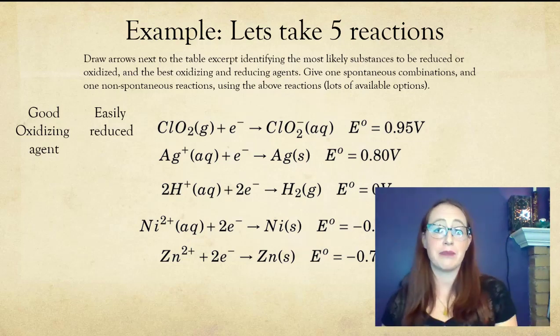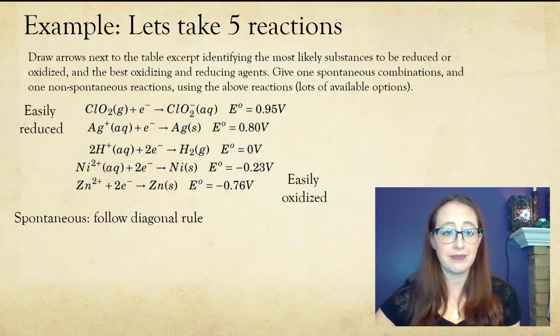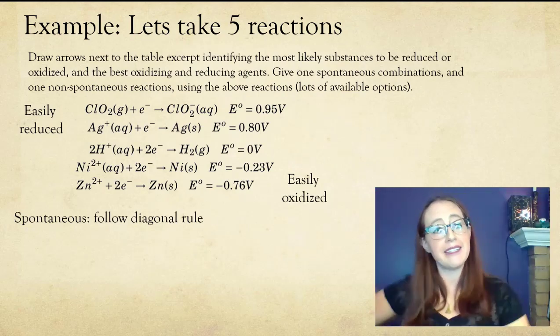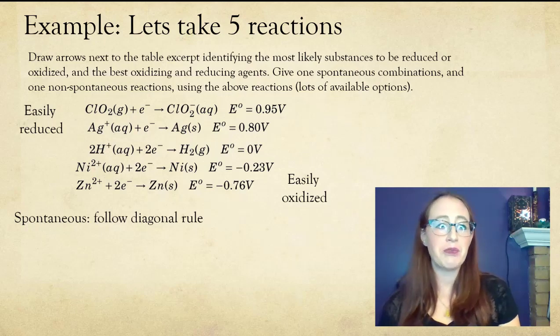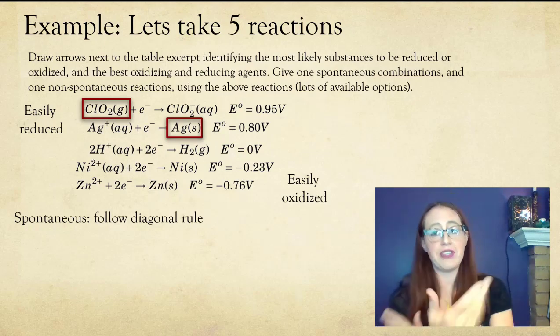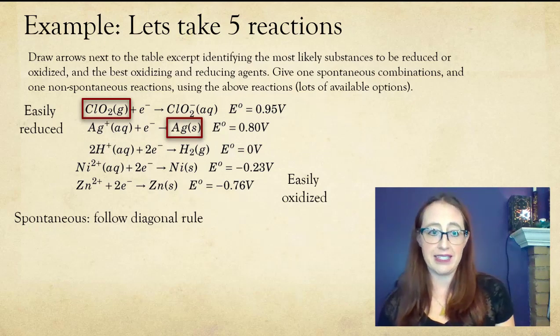Now, let's make some reactions. Again, there are many, many options here, but for the spontaneous reaction, we just need to follow the diagonal rule. And then for the non-spontaneous, do the reverse. So for our spontaneous reaction, let's pick these two. We'll leave the reduction reaction as is, since they're already written as reductions, and then we'll reverse the half reaction for the species that needs to be oxidized.